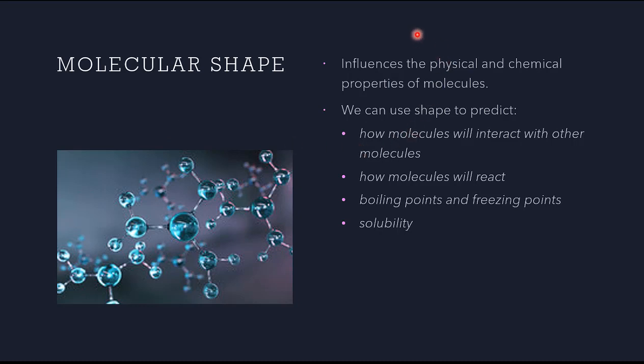And then once we understand the shape of the molecule, the shape is going to help us understand the physical and chemical properties of the molecule. Using shape, we can predict how molecules will interact with other molecules, how molecules react with each other, the boiling points and freezing points of molecules, as well as their relative solubility in different solvents.